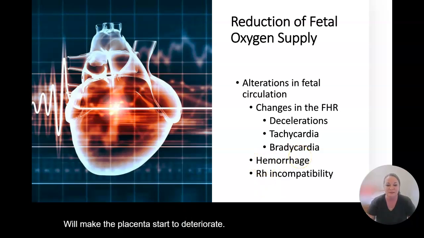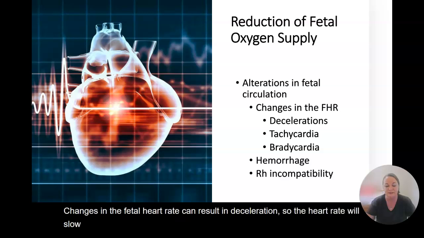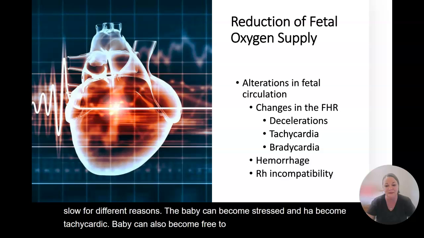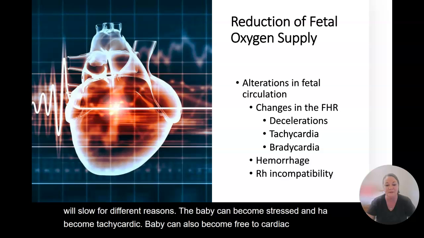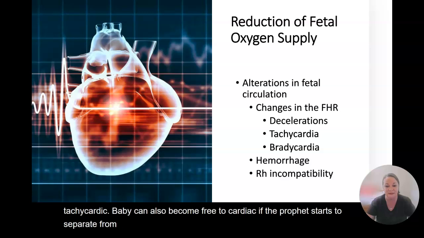Changes in the fetal heart rate can result in decelerations. So the heart rate will slow for different reasons. The baby can become stressed and become tachycardic. Baby can also become bradycardic. If the placenta starts to separate from the uterus, it can result in hemorrhage.